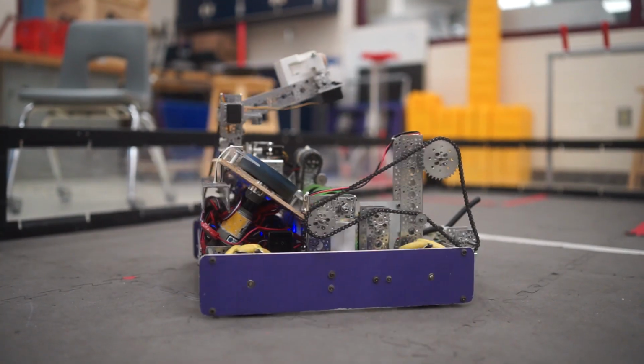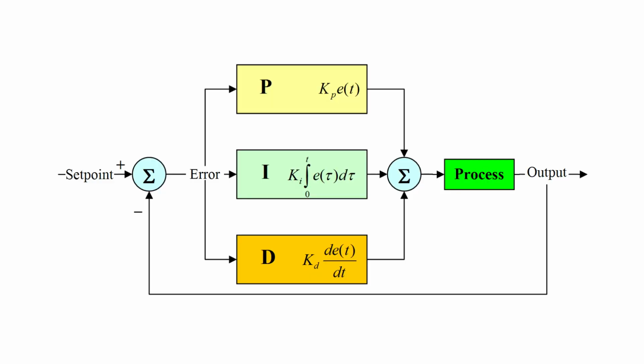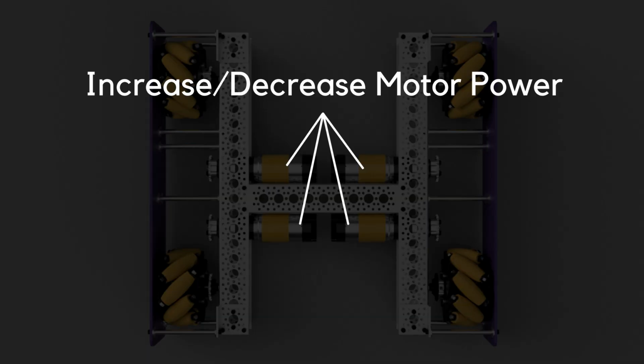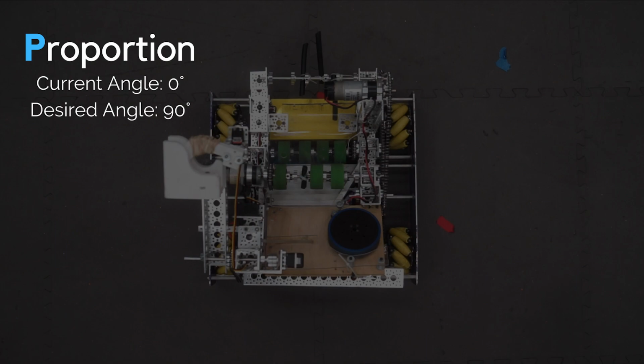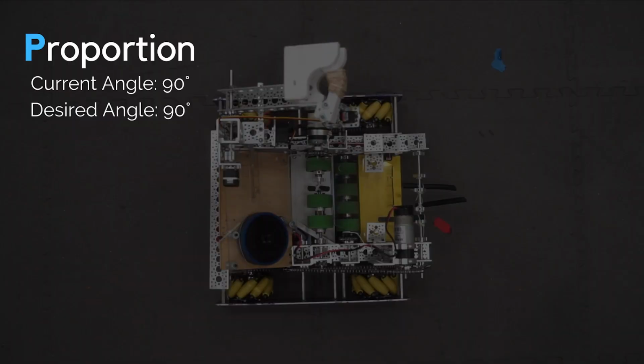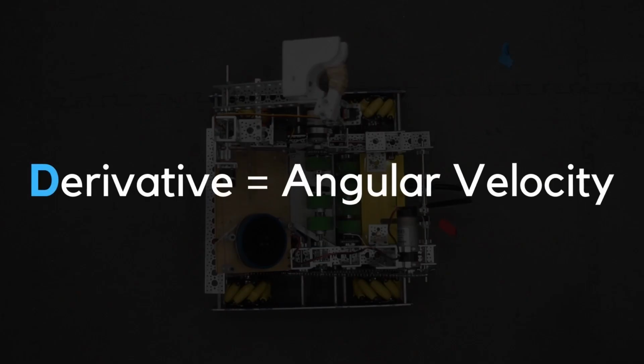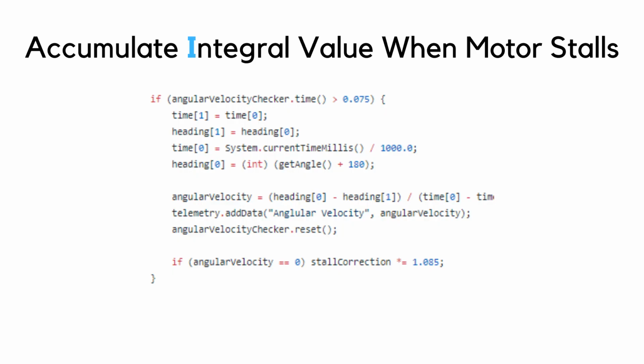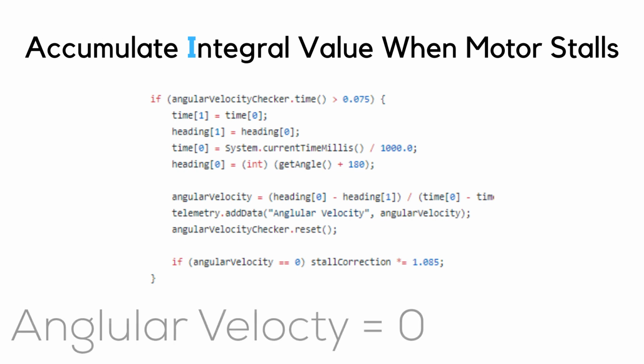Our rotate method is equipped with a modified form of PID control to guarantee an exact rotation to a desired angle. Similar to a normal PID control, the method decreases or increases the power based on both the proportion between the current and desired angle and the derivative, that is the angular velocity. What makes our method different is that we only begin accumulating our integral term once the robot has sensed that the motors have stalled, also known as when the angular velocity is 0.